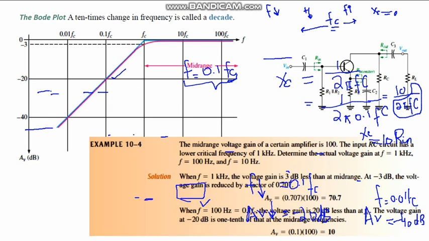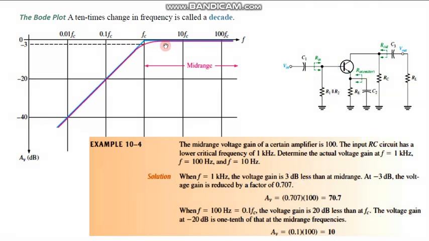Now let's go to the next slide. This is a Bode plot. This is a graph which readily explains everything in a very nice way. A 10 times change in frequency is called a decade. So a Bode plot is a plot between a decade of frequency and the reduction in the voltage gain. On the x-axis we have different values of frequencies, with Fc as our reference critical frequency.